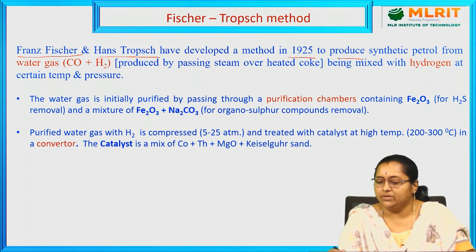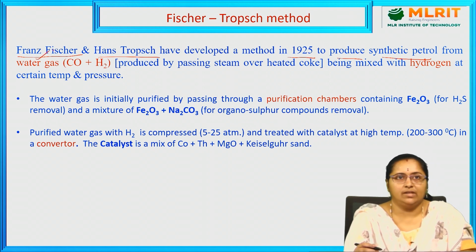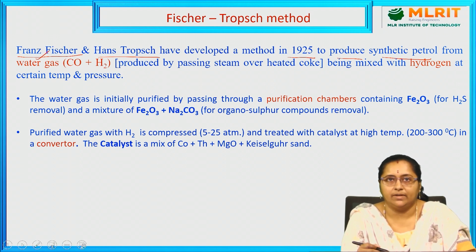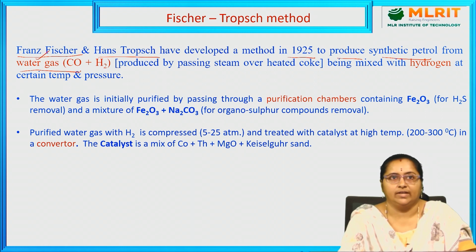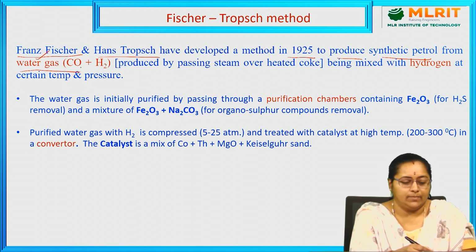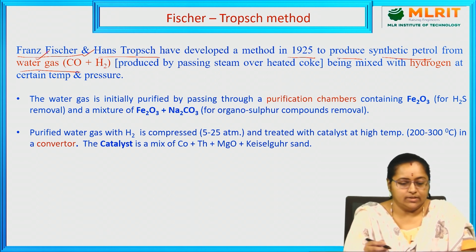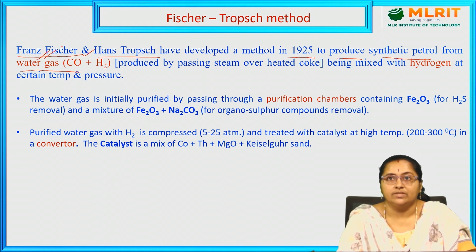In general, synthetic petrol can be prepared using coal as one of the reactants. But in the case of the Fischer-Tropsch method, they used water gas. The general chemical composition of water gas is CO and H2, carbon monoxide and hydrogen. Using this water gas, we are going to produce synthetic petrol.